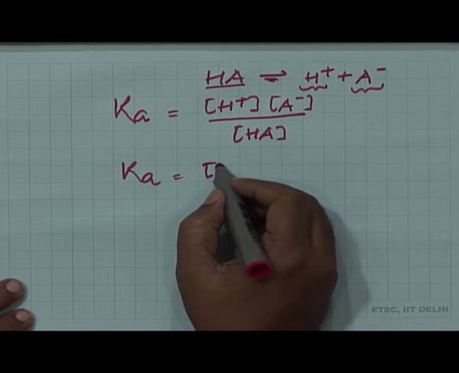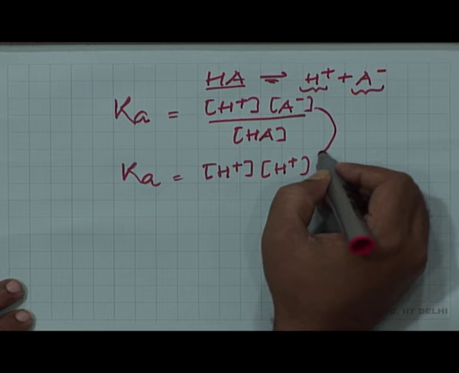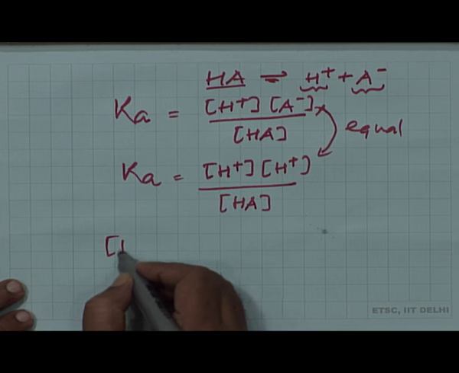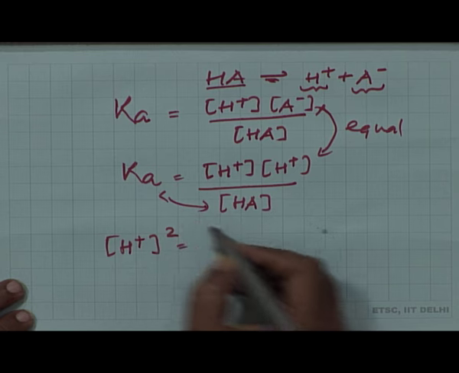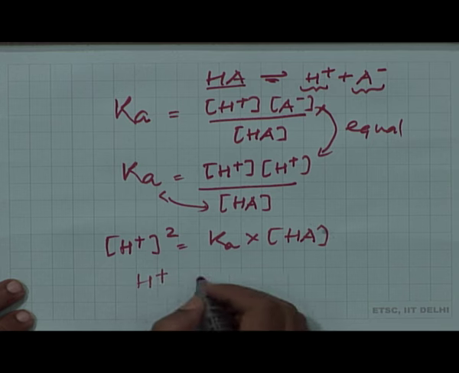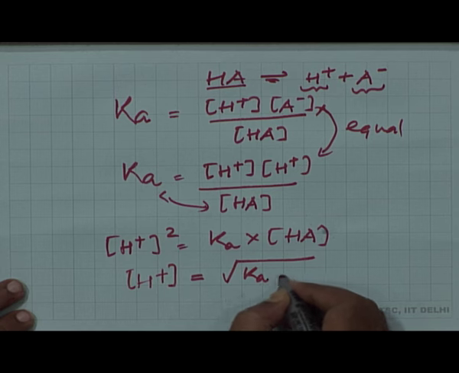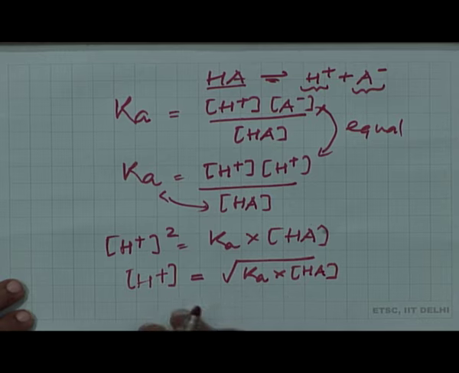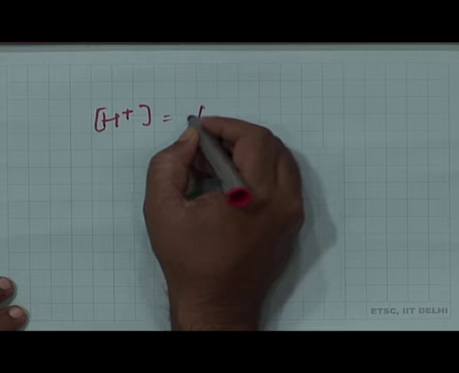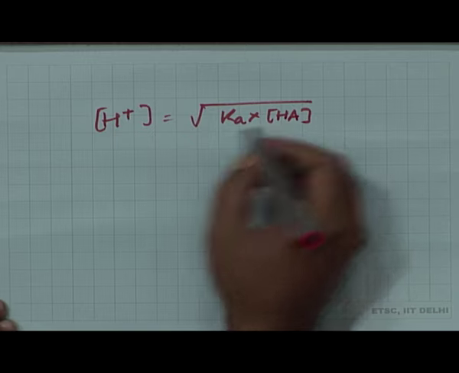So, we can write H plus squared divided by HA equals Ka, and so H plus is equal to the square root of Ka into HA. So, this is for your weak acid.